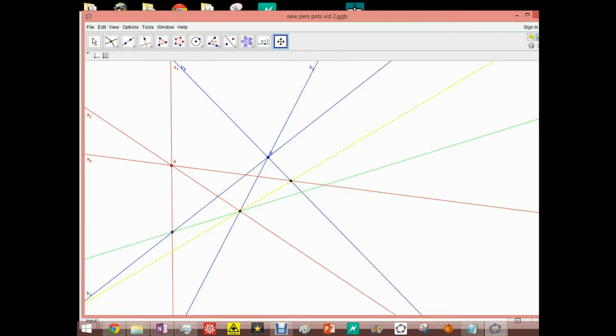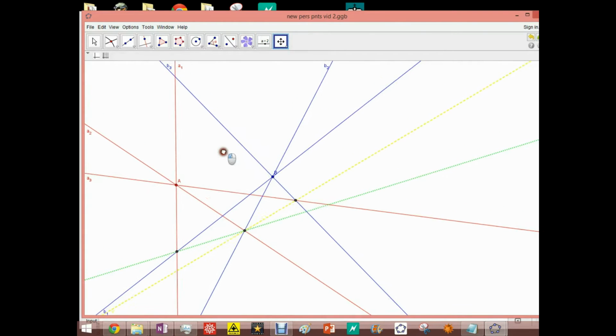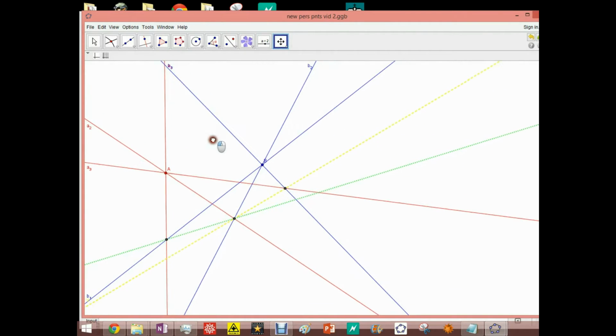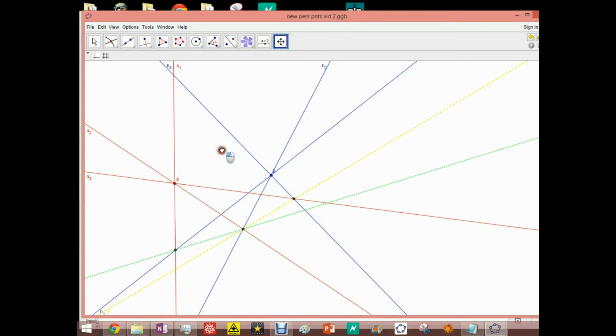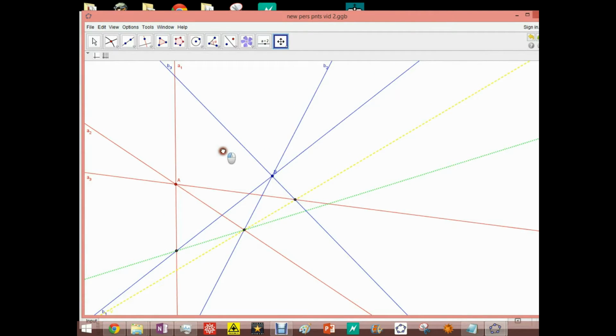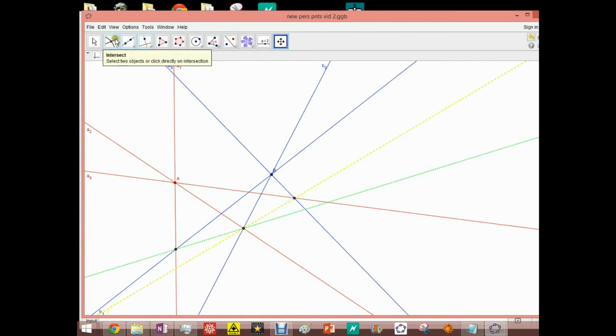Now then, the final thing we need is our auxiliary point. Now to make our auxiliary point M, we're going to use A1 and B3. So it's just a point this time.